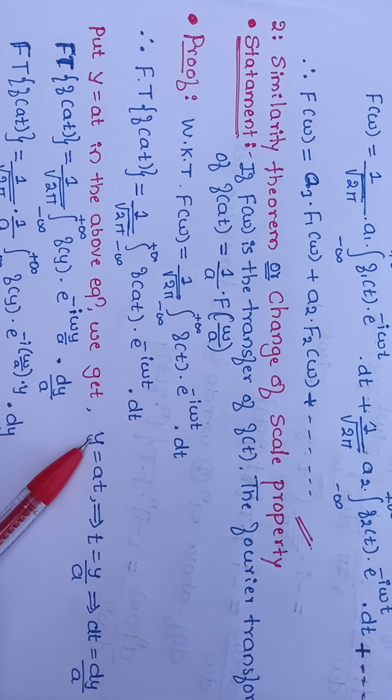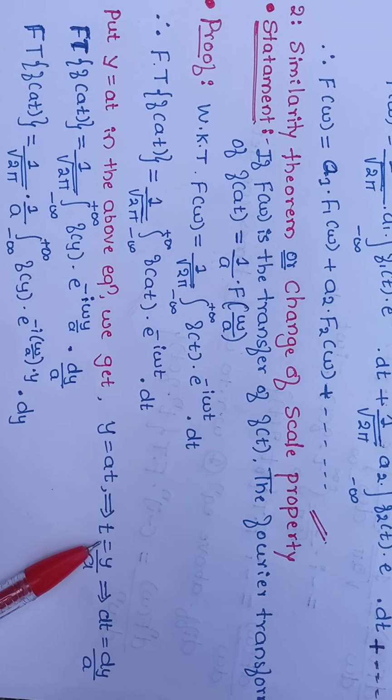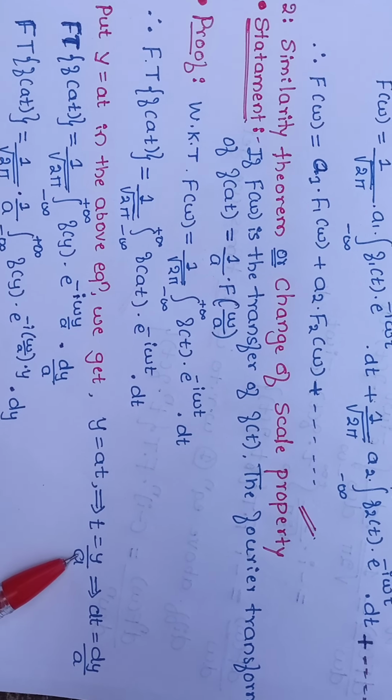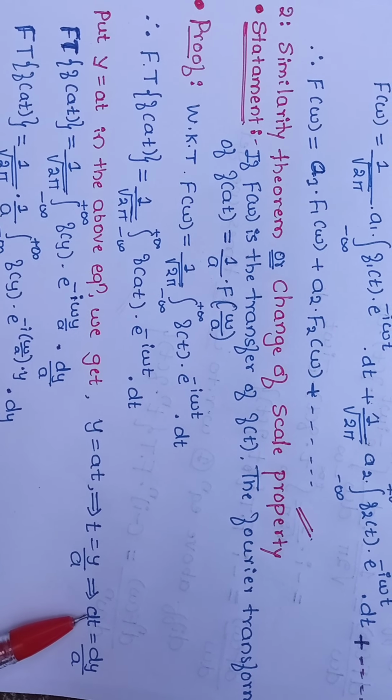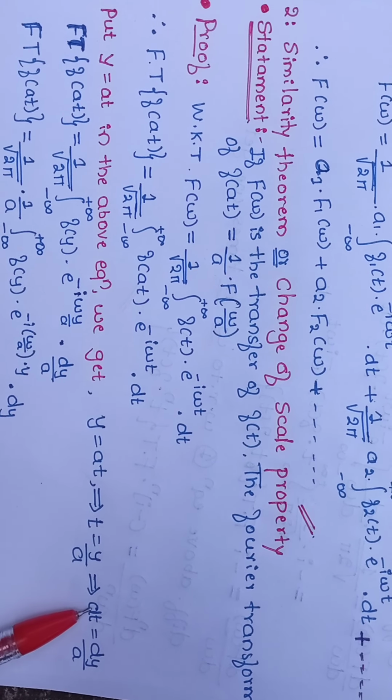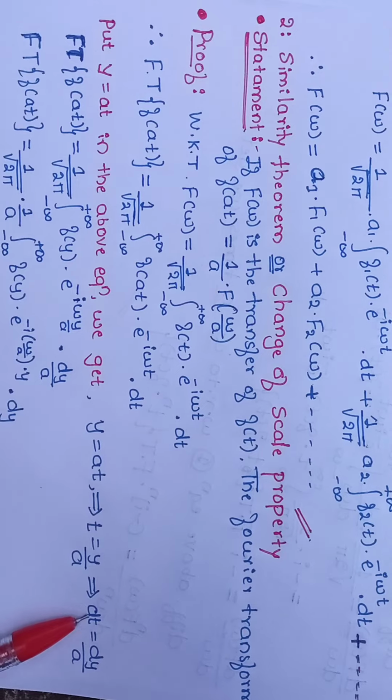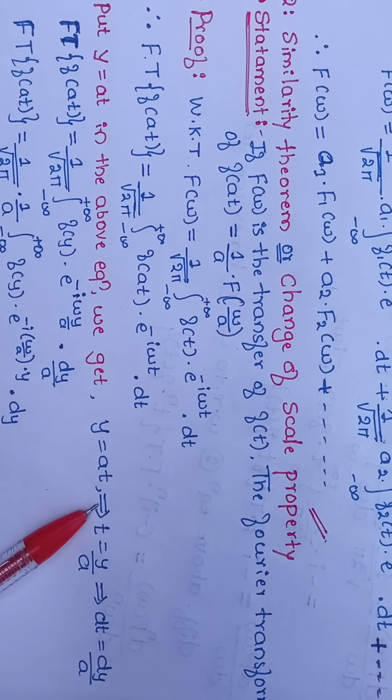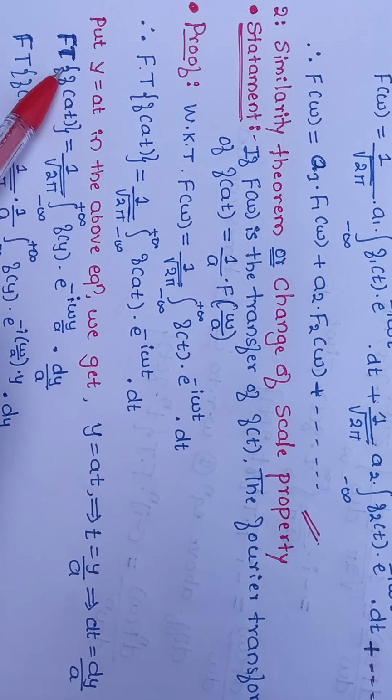If we put y equal to at, then t equal to y by a. Therefore the value of dt is dt equal to dy by a, by differentiating that one. Now put this value in the above equation. What do you get?